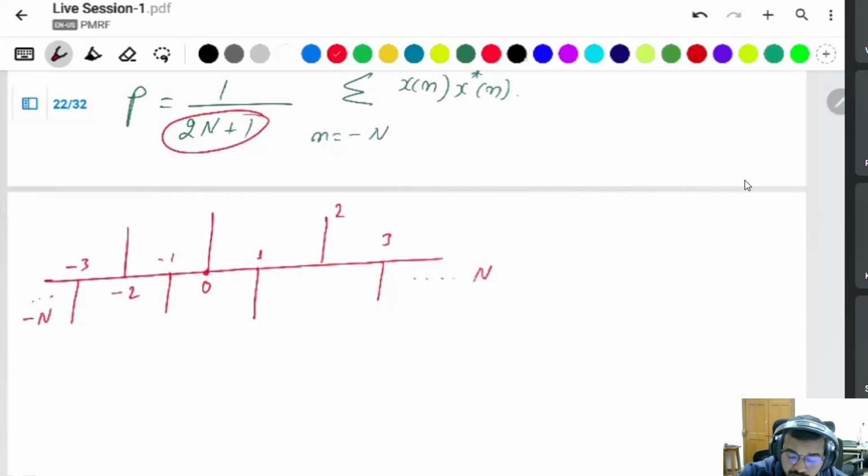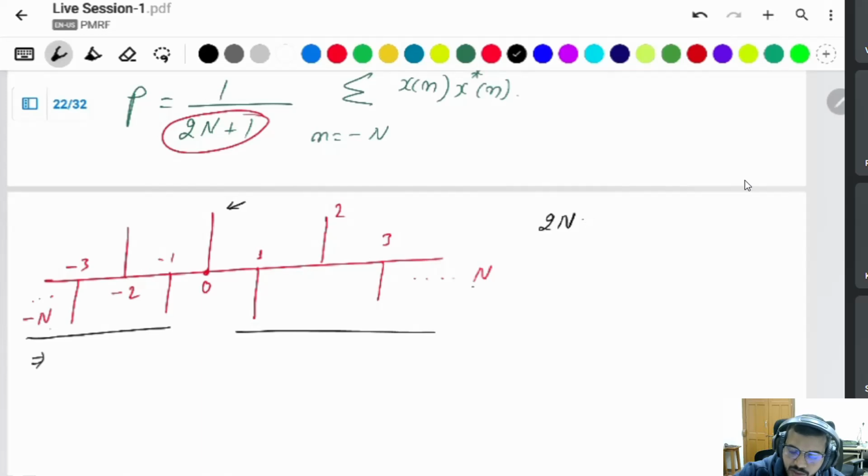Then how many places are there? N to minus N means 2N, but N is here only, and minus N is from here only. That's why it is 2N plus another sample at the origin, which is 1.